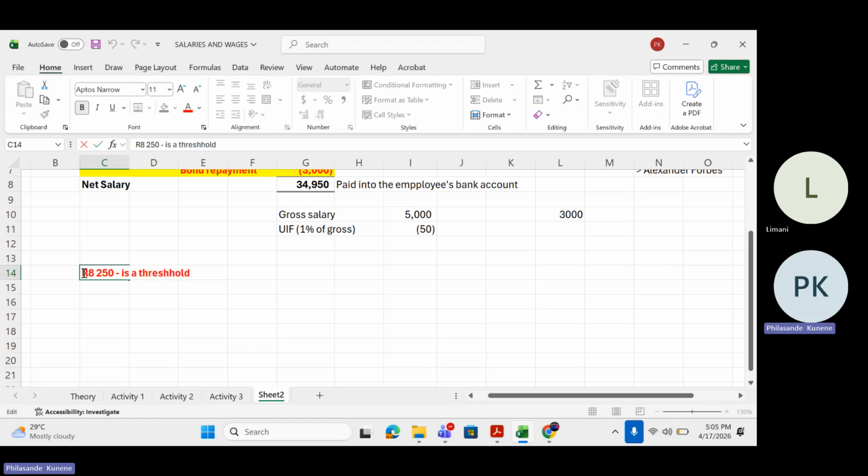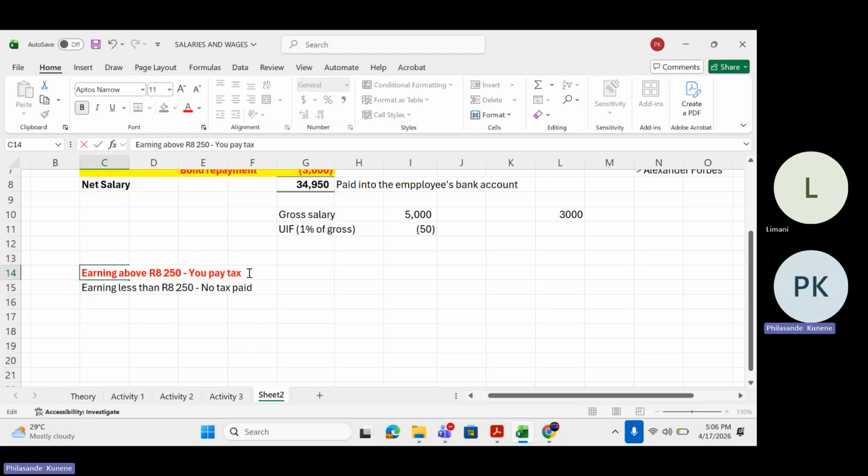If you're earning above 8,250, then you pay tax. But earning less than 8,250, no tax paid.